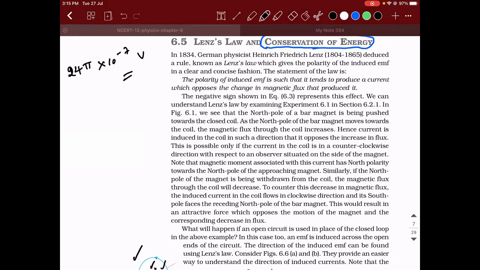The polarity of induced EMF is such that it tends to produce a current which opposes the change in magnetic flux that produced it. Which opposes the change in magnetic flux that produces it. Means it will always oppose the cause.